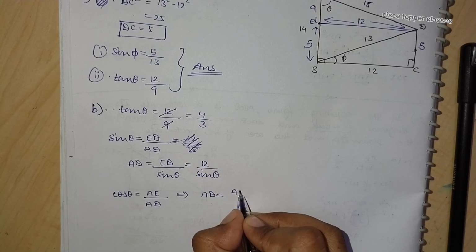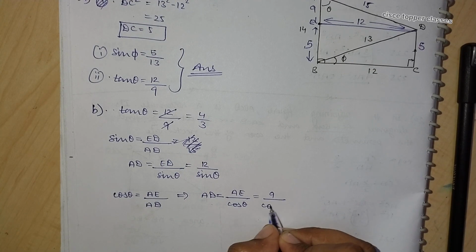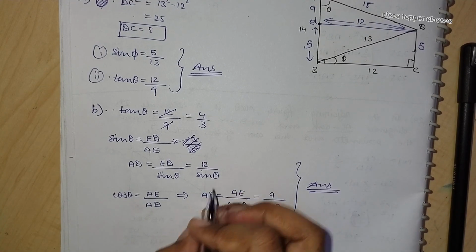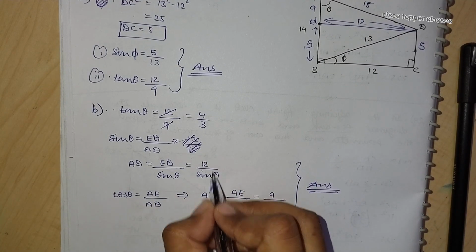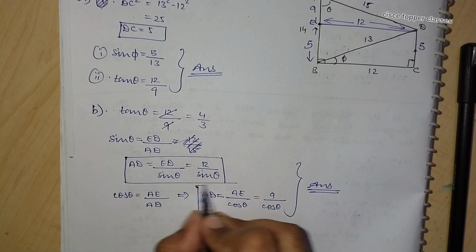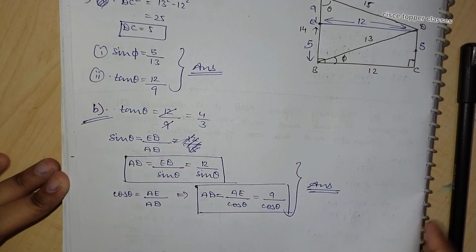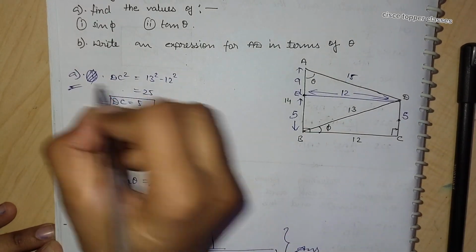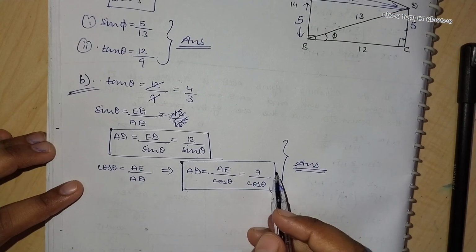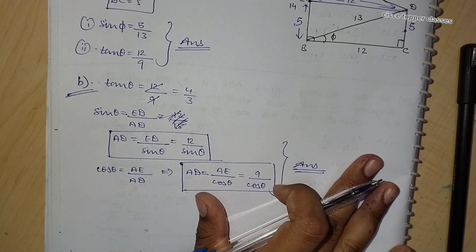AD will be AE divided by cos theta, and AE we know is 9, so 9 by cos theta. So this is the final answer. We have to write AD in terms of theta. So we have written AD as 12 by sine theta, and here we have written AD as 9 by cos theta. So this is the final solution of first and second part of 30 question here. So this is the answer of the first part, and this is the answer of the second part. So here is the final solution of 30 question.